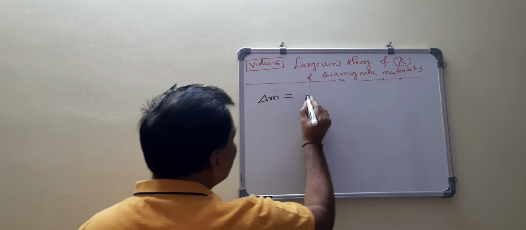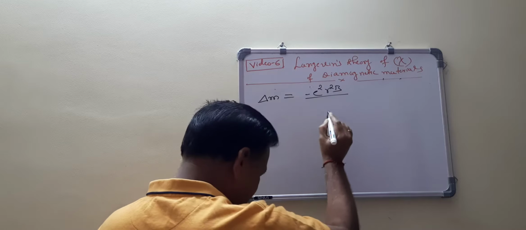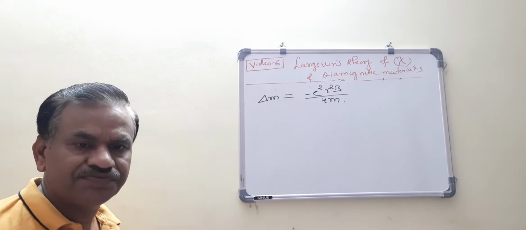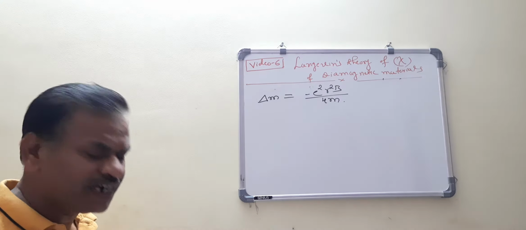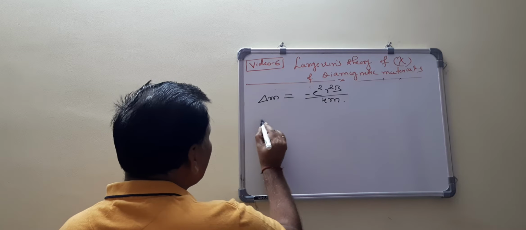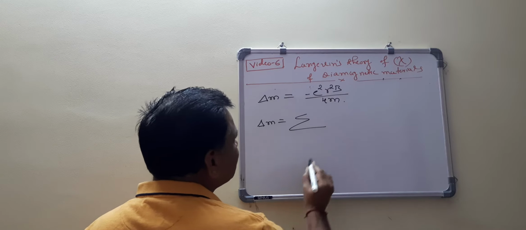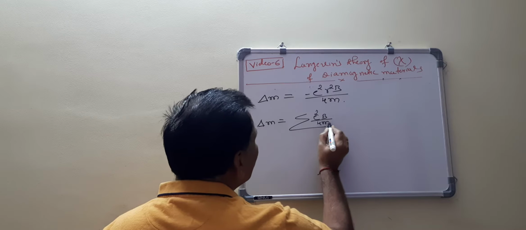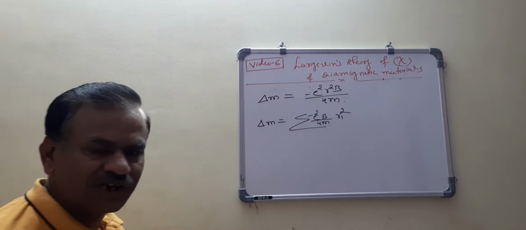Delta M equal to minus e square r square B divided by 4m. Yes, that's the equation. Here there are several electrons. Each electron produces an additional magnetic moment, so the total magnetic moment is delta M equal to minus e square B divided by 4m into r_i square. Why am I writing the negative sign?